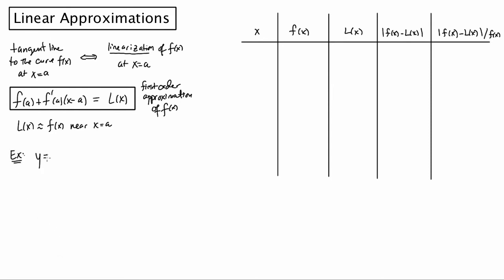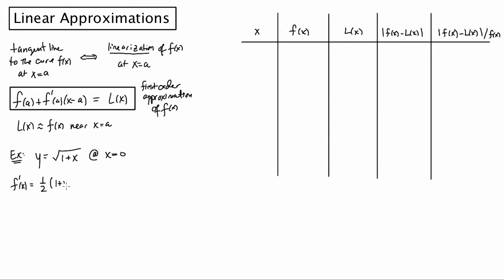Let's let y be equal to the square root of 1 plus x, and we're going to look at this at the point x equal to 0. So I want to know, what is the linearization of this function at the point x equal to 0? Well, that involves us having to find the derivative. So the derivative of this function is 1 half. So remember, this is 1 plus x to the 1 half.